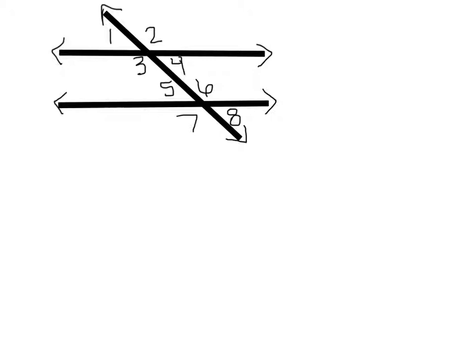Okay, students, take a look here. What you see is two parallel lines cut by a transversal. This is your transversal. Okay, now our definition for parallel lines from page 409 is two lines in a plane that never cross or intersect.